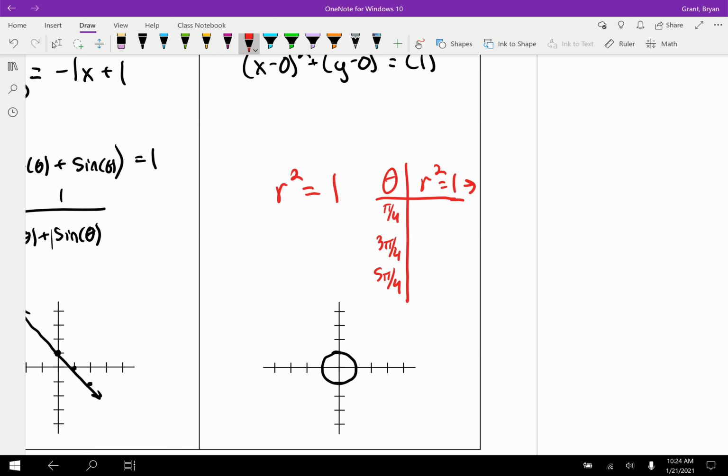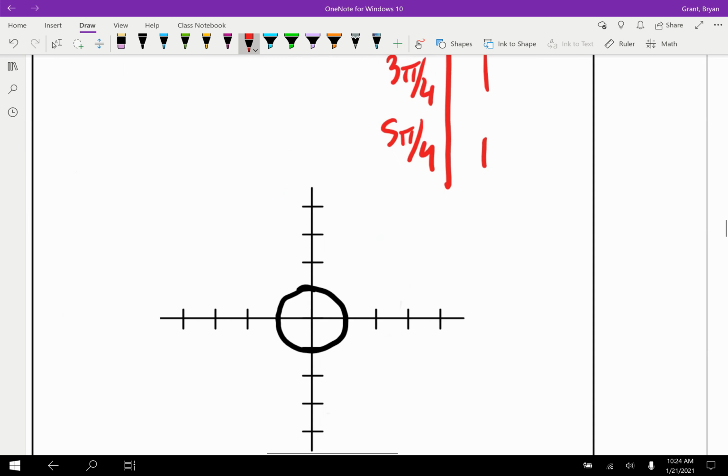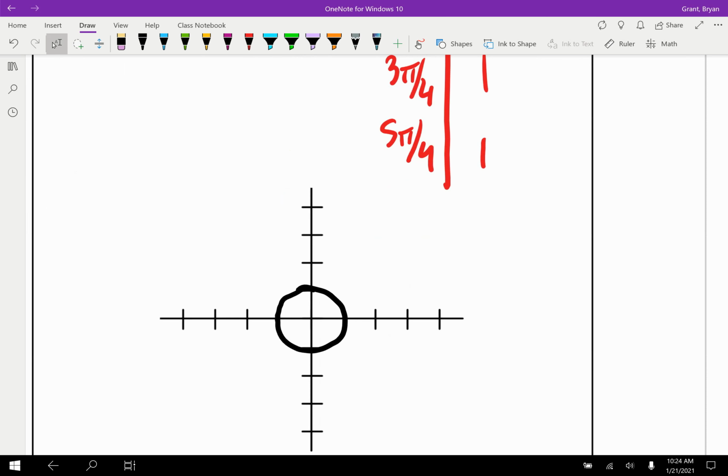We could actually isolate the r if we wanted by taking the square root of both sides. And as we learned earlier, r doesn't need to be plus minus because all the positives will account for the negatives at some point. So what this really means is that r is just 1 every single time. So if we wanted to graph this, and we didn't have this ahead of time, it would mean rotate somewhere, like to pi over 4, and then go out a radius of 1.